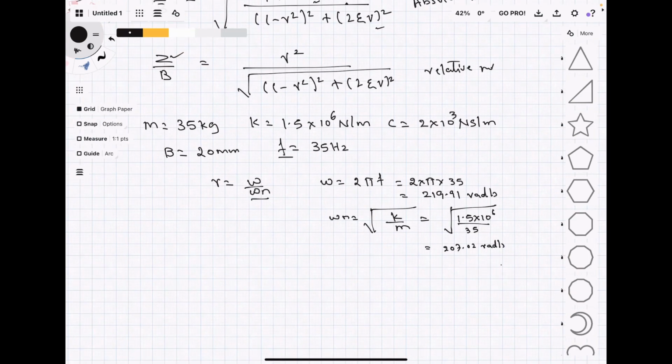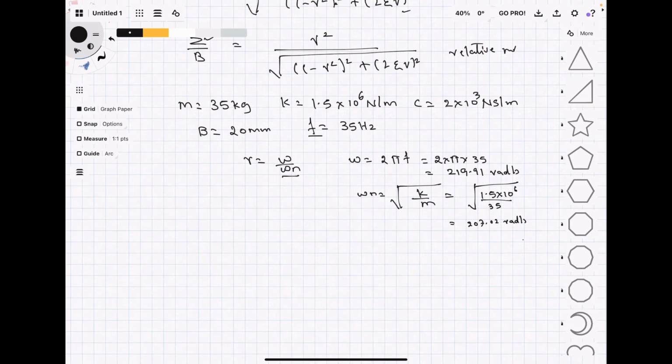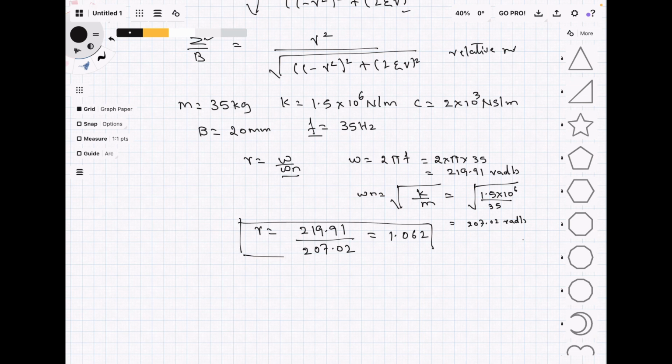So these are the values of omega and omega n. So R is equal to omega divided by omega n, 219.91 divided by 207.02. So you will be getting R as 1.062. So this is the value of R.